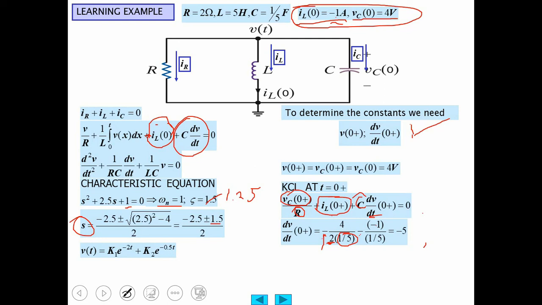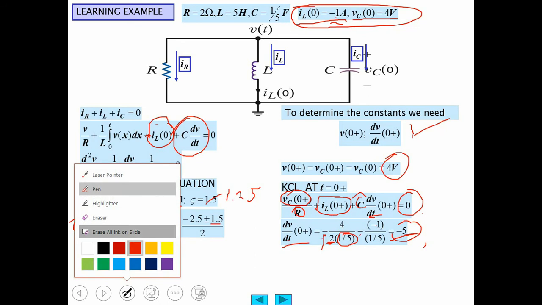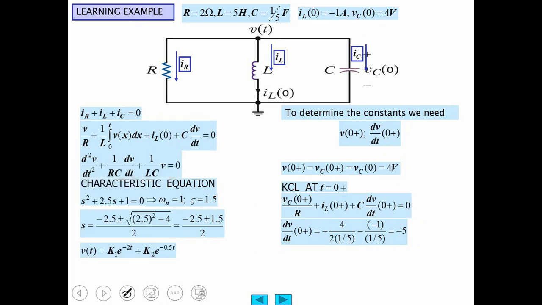Got to divide everything by C. And plug and chug, and we get numbers. 5 is the number we need for dV dt at 0, and 4 is the number we need for Vc at 0. So, dV dt, negative 5, V, negative 4.